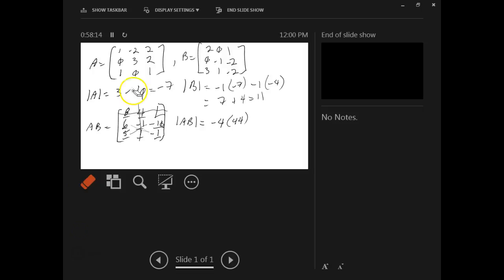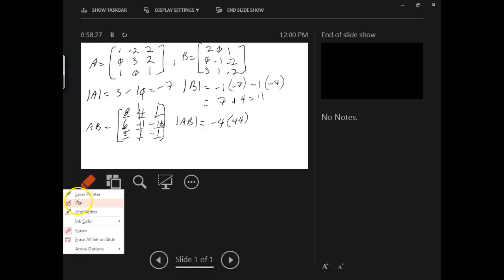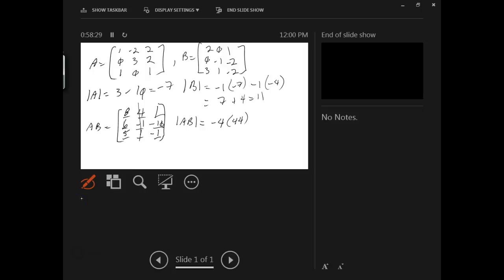Now I'm going to keep the second column marked out. All right, we're going to the middle entry, which is the -1. That's a positive position, but the number is a -1, so it is a -1 times the determinant that's left there.